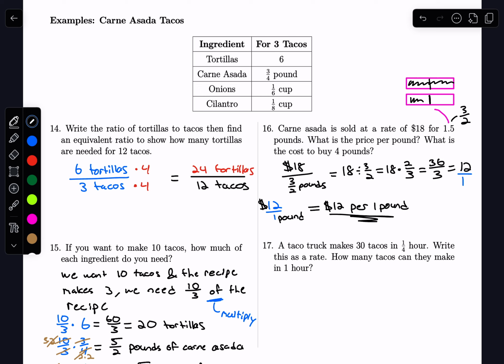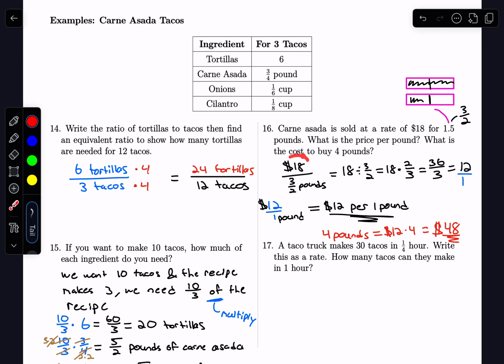And then for question 2, what is the cost to buy 4 pounds? 4 pounds is just going to be our rate per 1 pound multiplied by 4. So 4 pounds is equal to $12 times 4. So this is going to be $48 for that 4 pounds of carne asada. Now, an equivalent way that we could have done that is very similar to number 14.